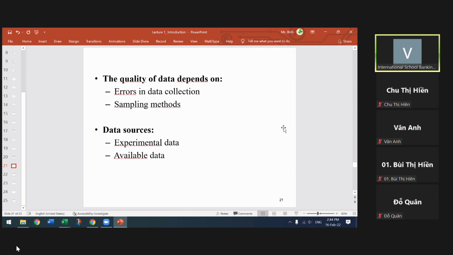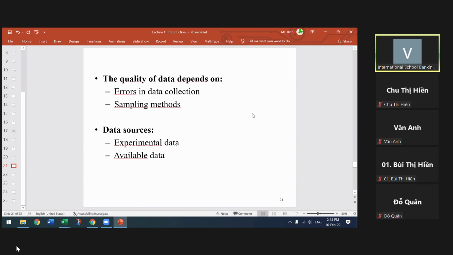Why? Because the methods and definitions of FDI inflow of these three organizations are different. So you have to be very careful. Normally for one variable, you need to get data from the same source.